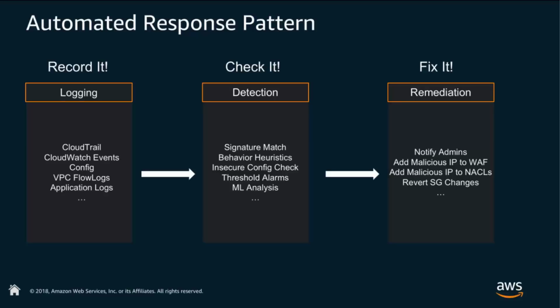This could be a number of different things. It might be something as simple as notifying an administrator, your security team, or your operations team, or it could be something more sophisticated, such as what we're going to show you in this presentation, where you can actually trigger some type of programmatic action that will remediate that finding for you.